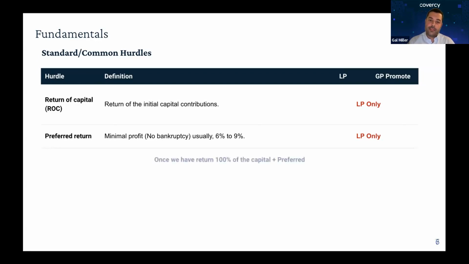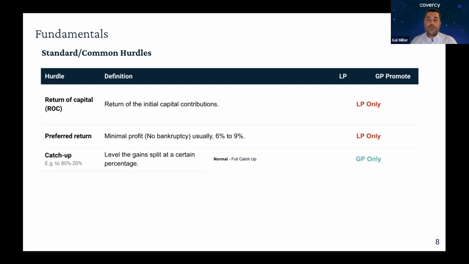Then once we've returned 100% of the capital to the investors and pay the preferred, now it's time to split the distributions between the investors and the GP according to the deal agreement. In this case, we'll look at an 80-20 split.